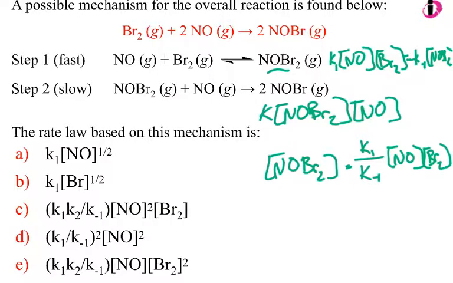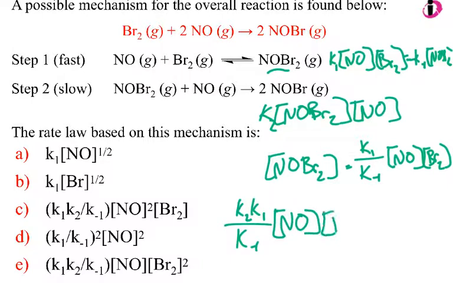So if we plug that in, we're going to get K2, K1 over K minus 1 times NO Br2. And then there's a second NO there, so I'm just going to write NO squared. So that gets me letter C.